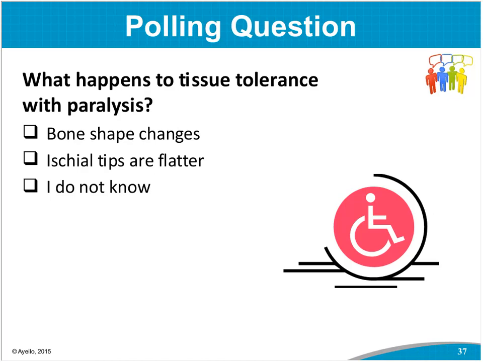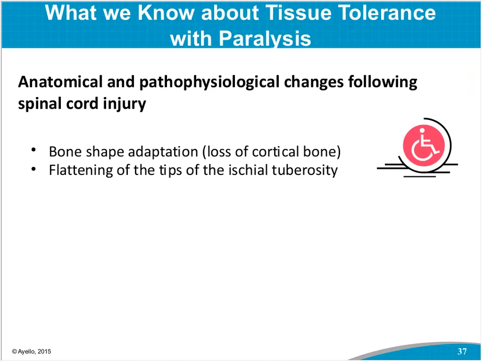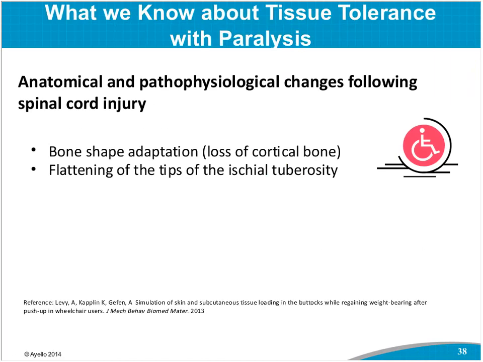Those of you who picked bone shape changes and ischial tips are flatter, you are correct. The longer somebody is paralyzed, there actually are physiological changes that go on in the bones.